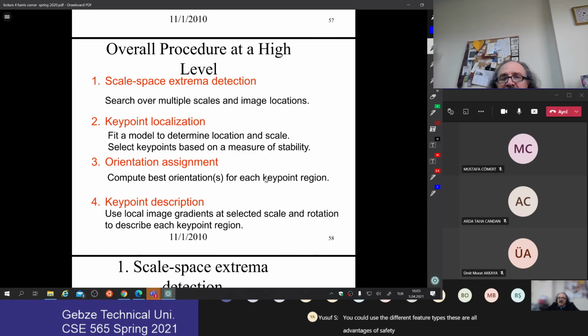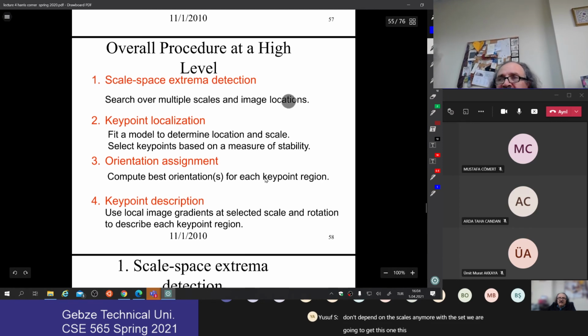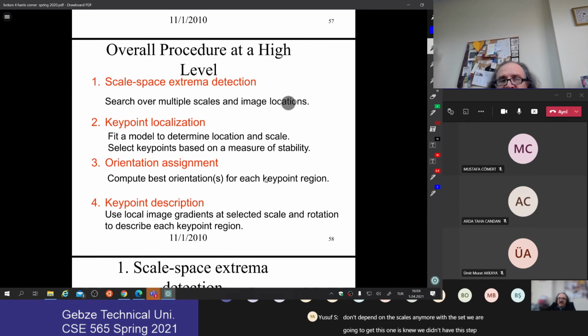So these are the steps of SIFT key point detection and the description phases. Scale space extrema detection. Remember we said that we don't depend on the scales anymore with SIFT. We are going to look at this one. This is new. We didn't have this step for the Harris.